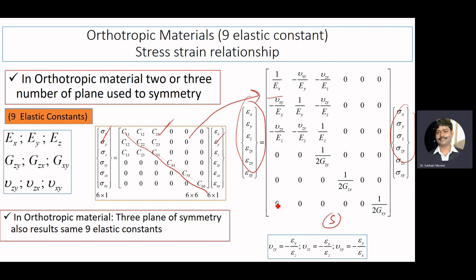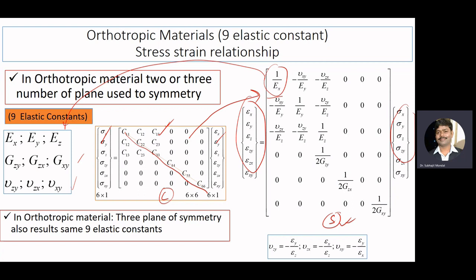This is our compliance matrix S, and this is our stiffness matrix C. Here the components of the compliance matrix can be obtained from our engineering constants, the moduli Ex, Ey, Ez, the shear modulus, and from our Poisson ratio.